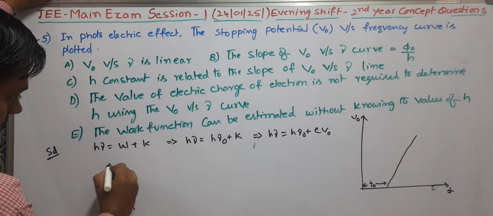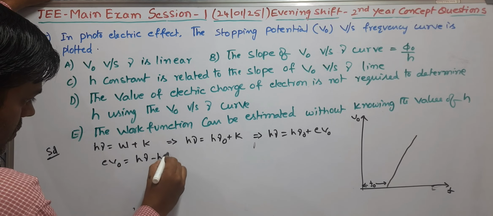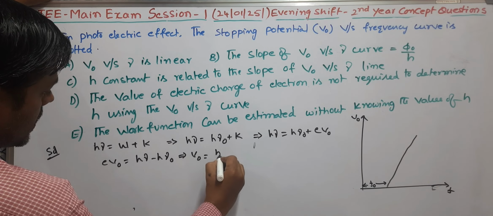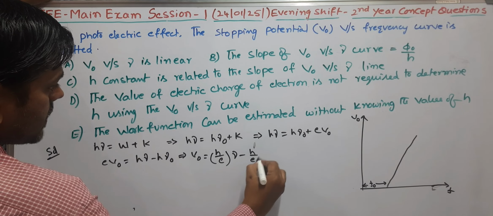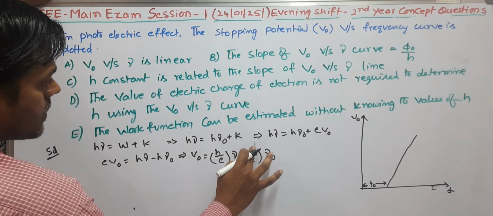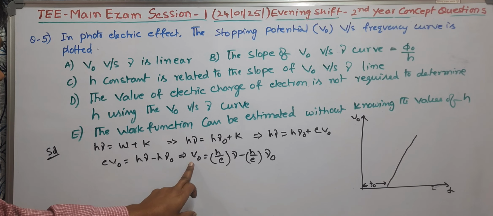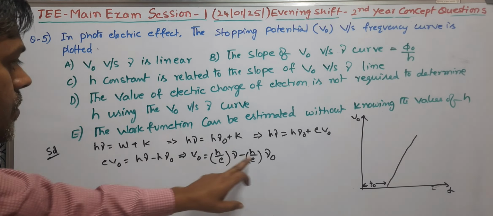So, from this you can write e V naught is equal to h nu minus h nu naught. That implies stopping potential V naught is equal to h by e into nu minus h by e into nu naught, isn't it?